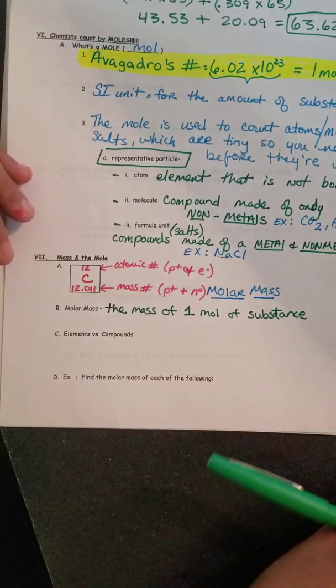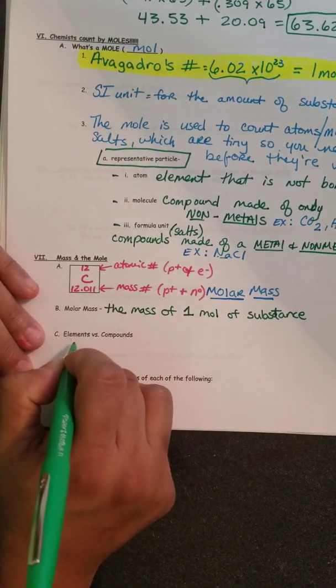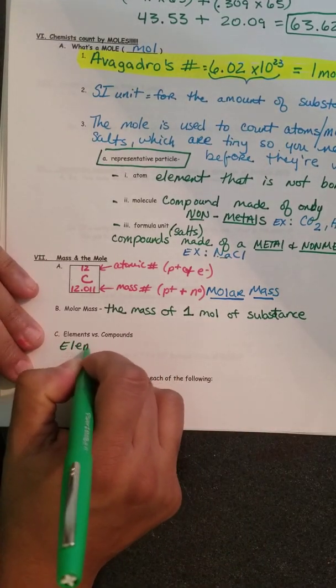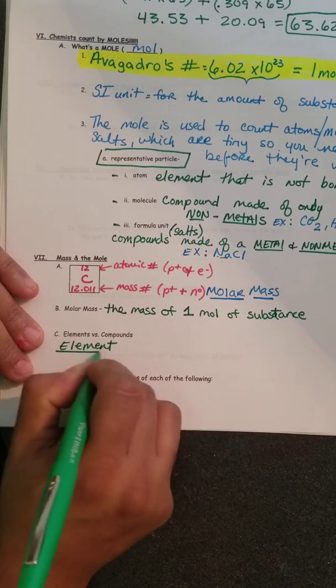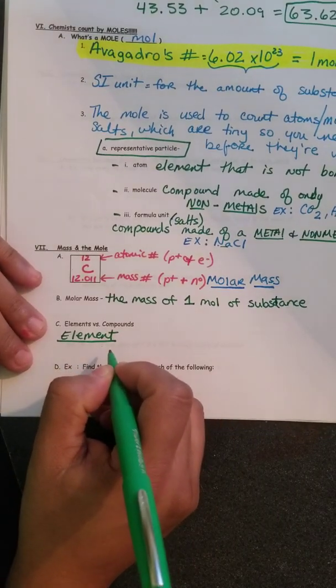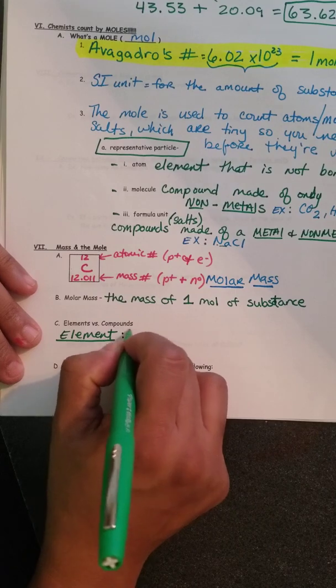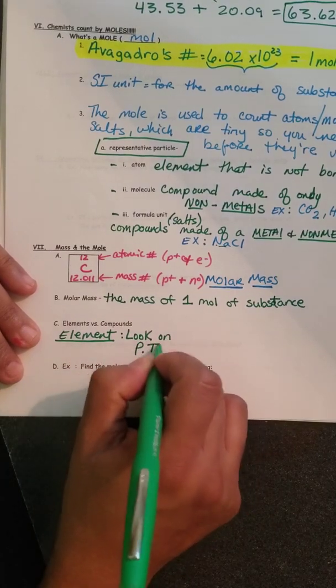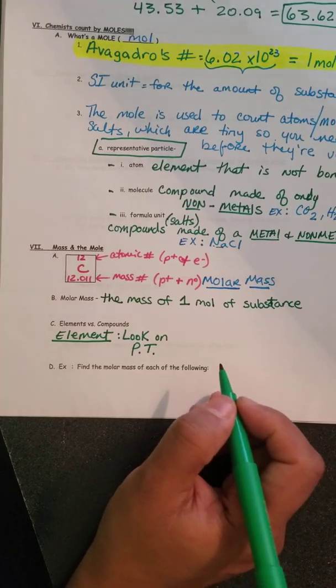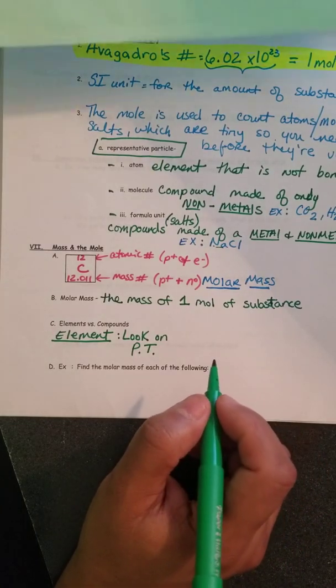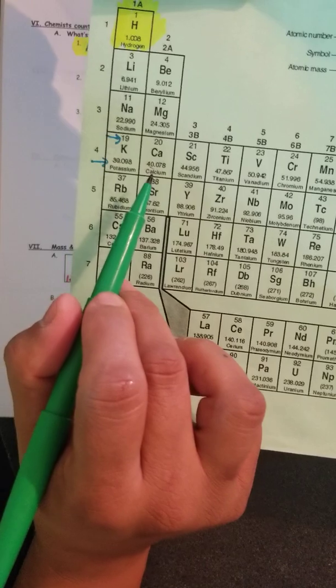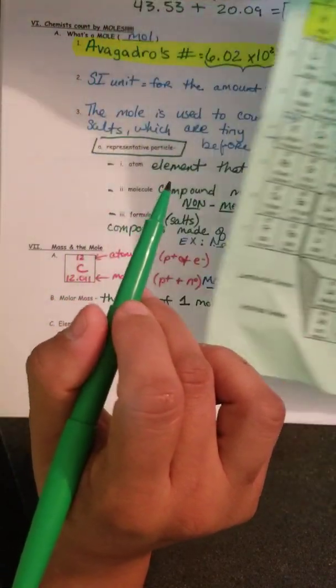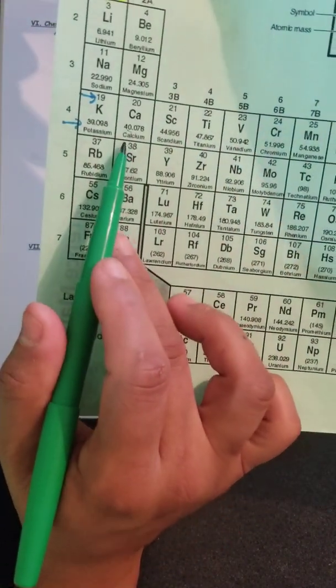When it comes to molar mass for an element, we are going to look on the periodic table. Just look at the periodic table. If I'm talking about, for example, calcium, 1 molar mass of calcium is this number right here.